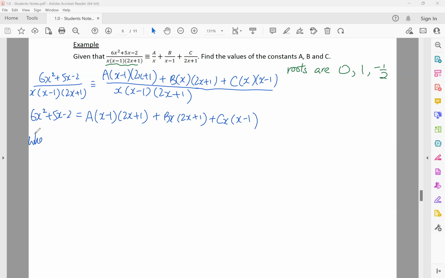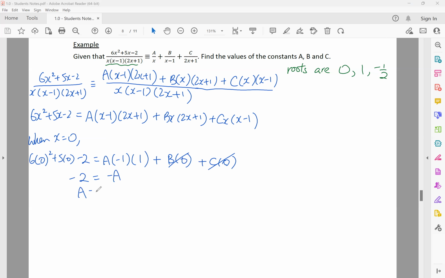So when x equals 0, the left-hand side is 6 times 0 squared plus 5 times 0 minus 2, equal to a times 0 minus 1, which is minus 1, 2 times 0 plus 1 is 1, plus b times 0, it doesn't matter anymore, plus c times 0, so it doesn't matter anymore. These two will just go. So what you get is, when x equals 0, minus 2 equals minus a. So a is 2. That's one answer.